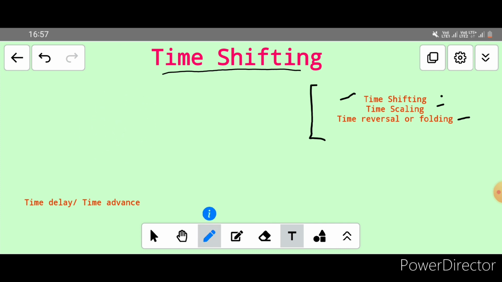So, suppose x(t) is a continuous time signal, then it can be shifted in time by replacing its independent variable time t by t minus t naught, where t naught is the amount by which x(t) is shifted.